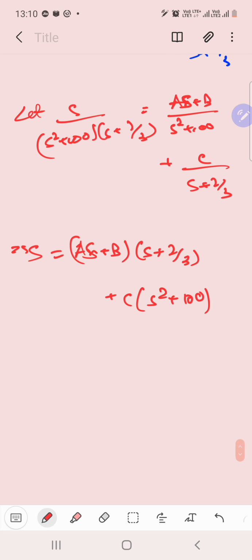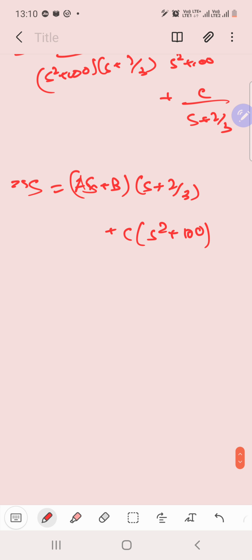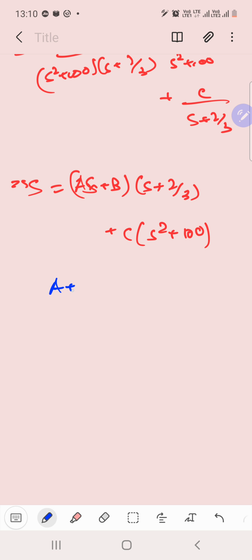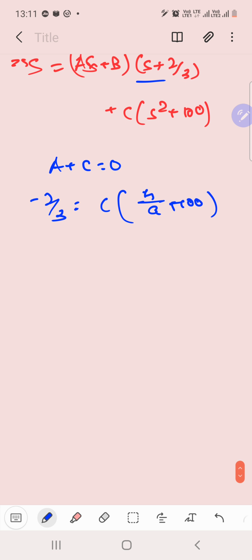The coefficient of s square is 0, so a plus c equals 0. Furthermore, putting s equals minus 2 over 3, the first term becomes 0, so minus 2 over 3 equals c times (4 over 9 plus 100). So c basically becomes minus 2 over 3 upon 904 over 9.